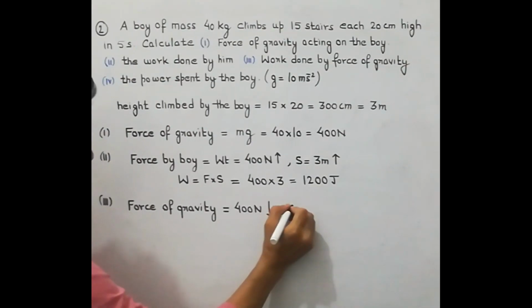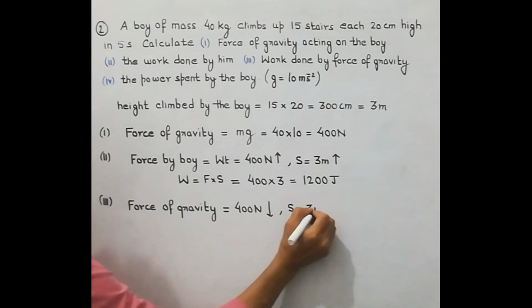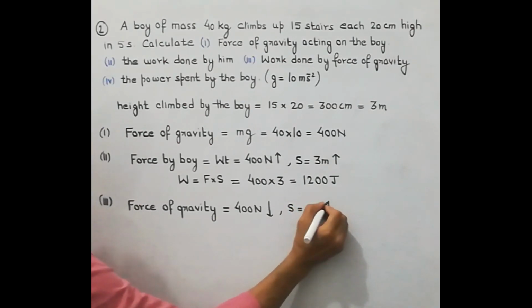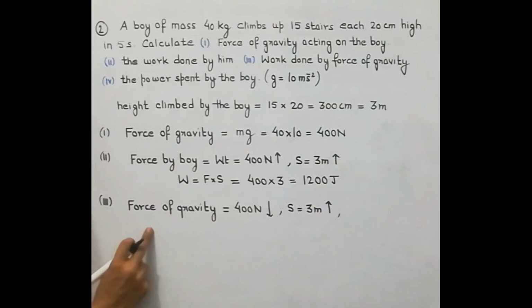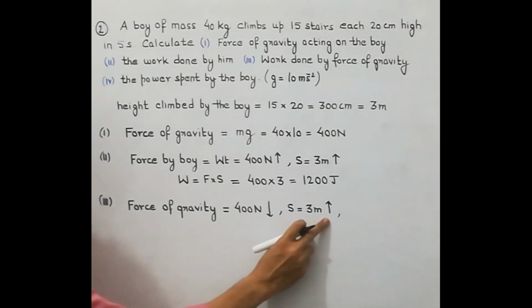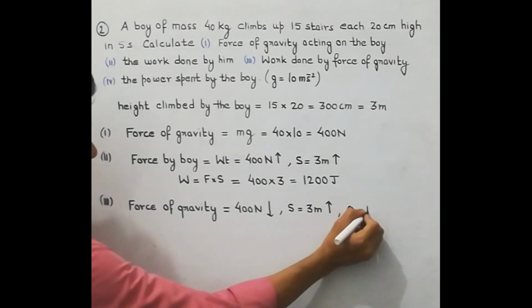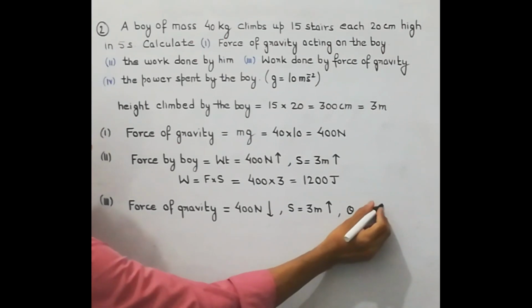In the upward direction. So displacement is 3 meter in upward direction. Now in the third part, force of gravity is in the downward direction whereas displacement is in upward direction. So they are in opposite directions. So theta will be 180.